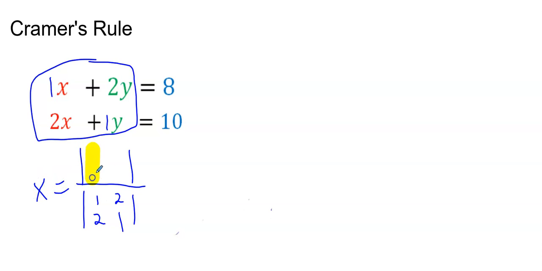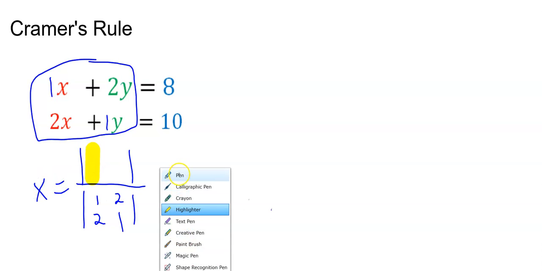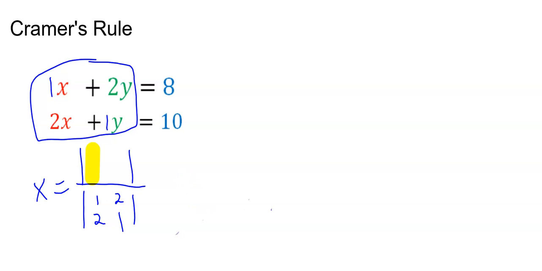On the top it's going to be 2 and 1, whatever the coefficient matrices were. But I'm replacing just those values with the constants here. So this is going to be 8 and 10. That's the unusual part. So the top and bottom matrices will be exactly the same, except for whatever variable you're solving for. Right now, x is on the left, so that's the one we're substituting the constants for.